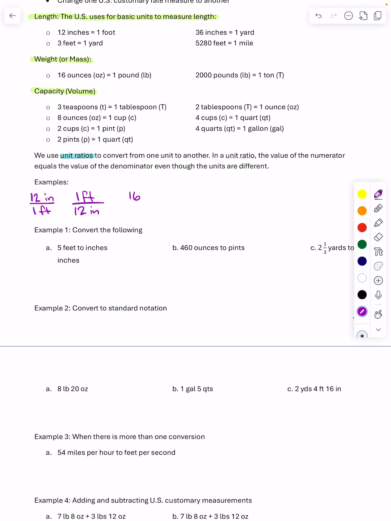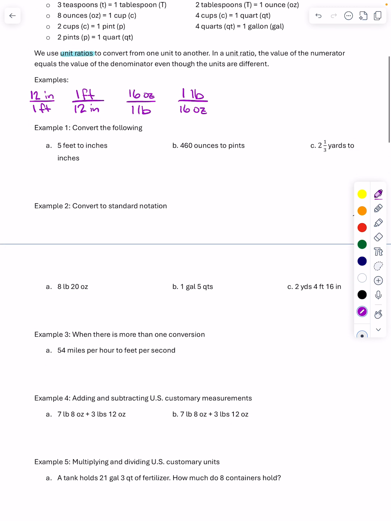Okay, so 16 ounces to 1 pound. We have 1 pound to 16 ounces if we need it that way. And what we're trying to convert is going to dictate what version of that unit ratio we are going to use. So let's take a look at example 1.